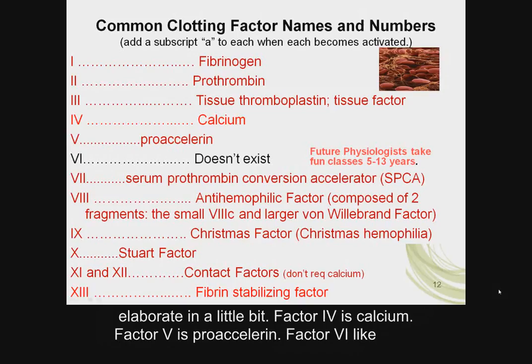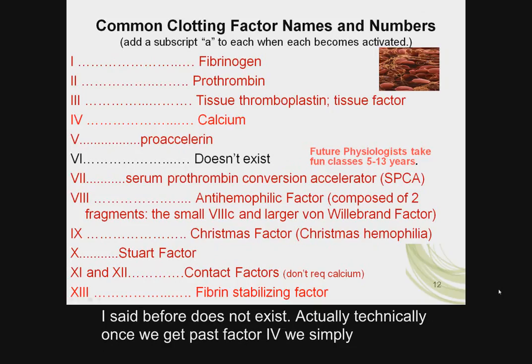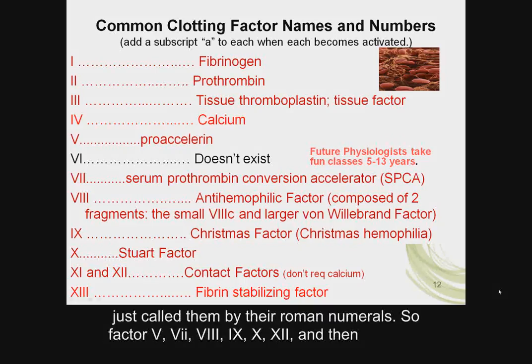Factor 5 is proaccelerin. Factor 6, like I said before, does not exist. Actually, technically, once we get past factor 4, we simply call them by their Roman numerals. So factor 5, factor 7, 8, 9, 10, 11, 12, 13.